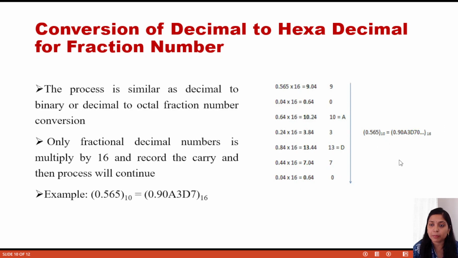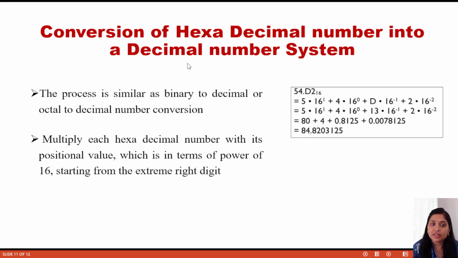This is the fractional number. Now you have to convert a hexadecimal number back to decimal. We followed the same process for octal numbers also. This is a hexadecimal fractional number, and you have to convert it into decimal form, so before the point one rule, and after the point one rule. Before the point, we have 16 to the power 0, then 5 into 16 to the power 1.